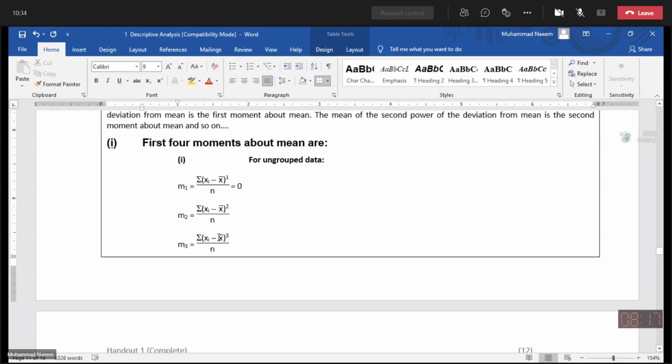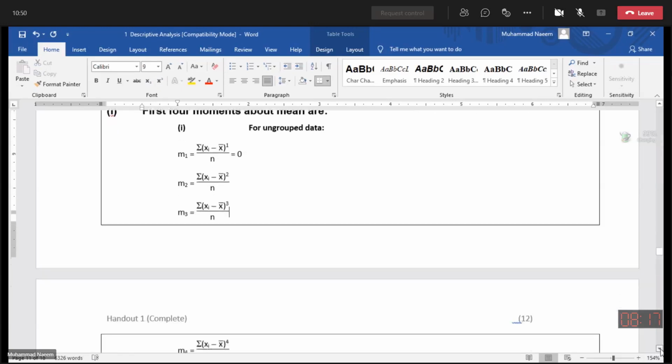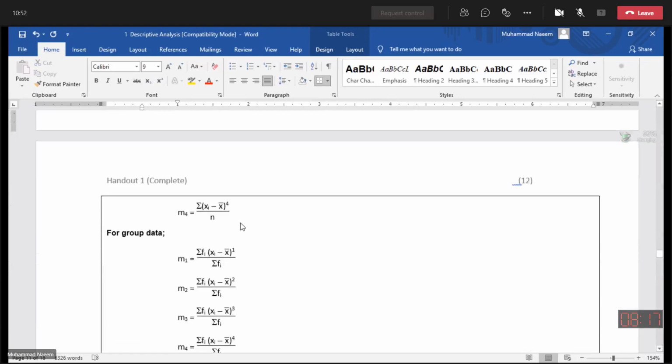And this one, we take the average of the cubes of the deviations. Here we are taking the power 3 of the deviations from mean value. Fourth one, here the power is 4 of the deviation from the mean value.